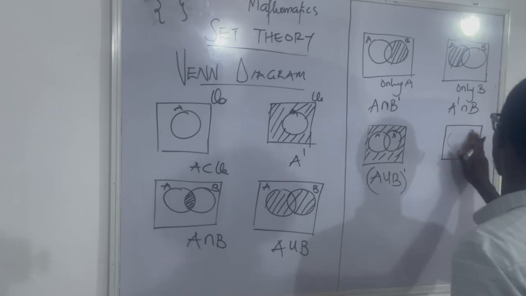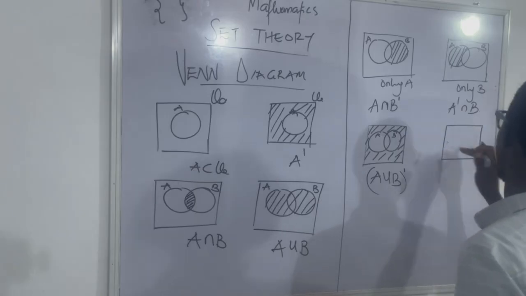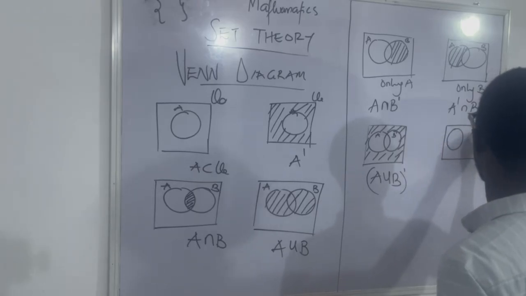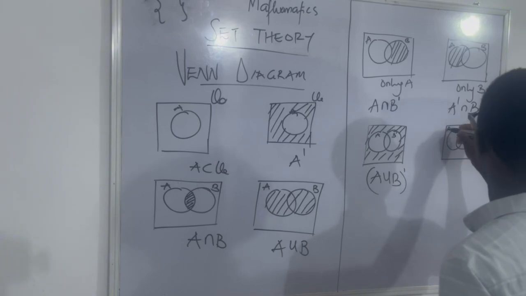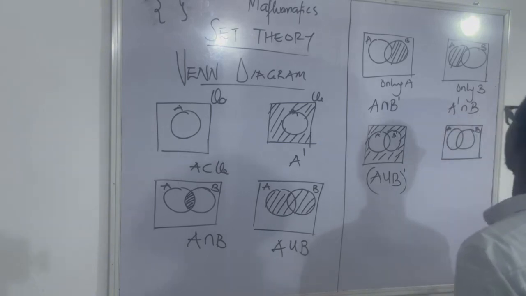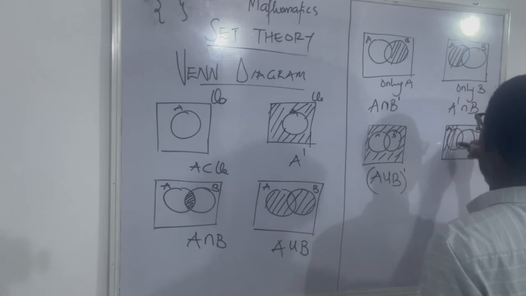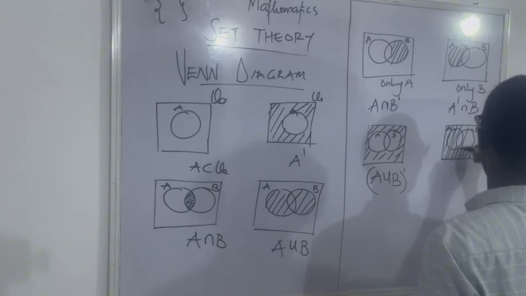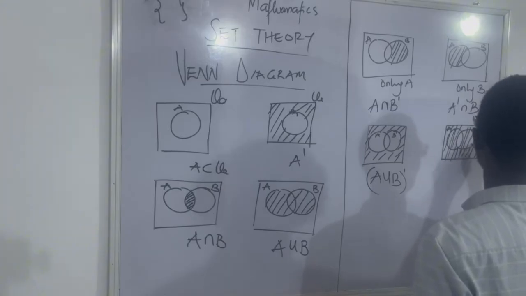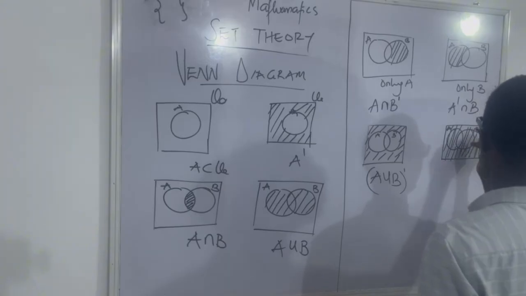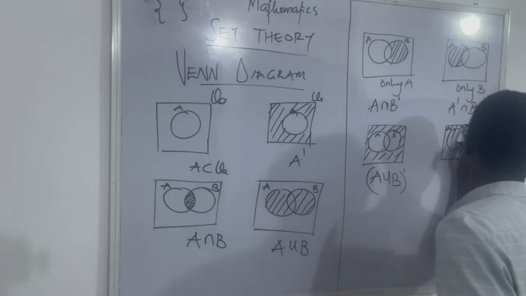Let me do this very well. This A, this B. So I will leave A intersection B only, not shaded. So here is not shaded.